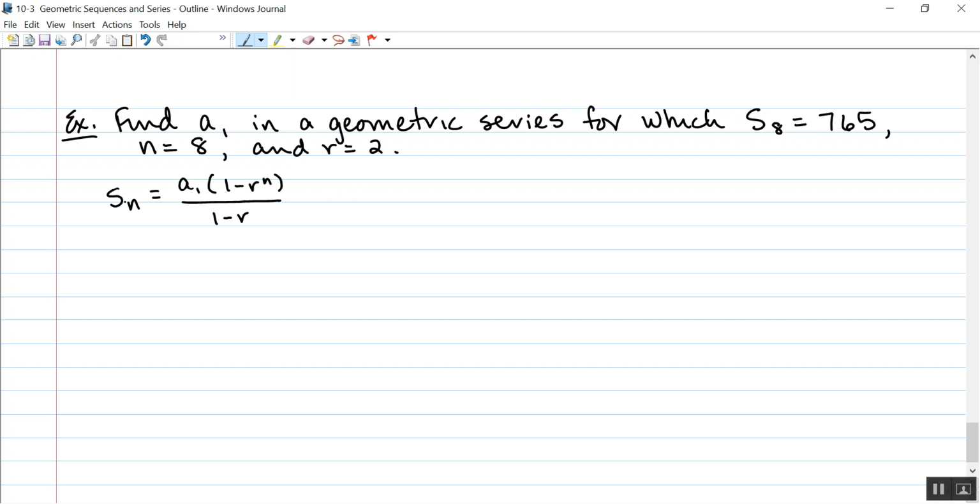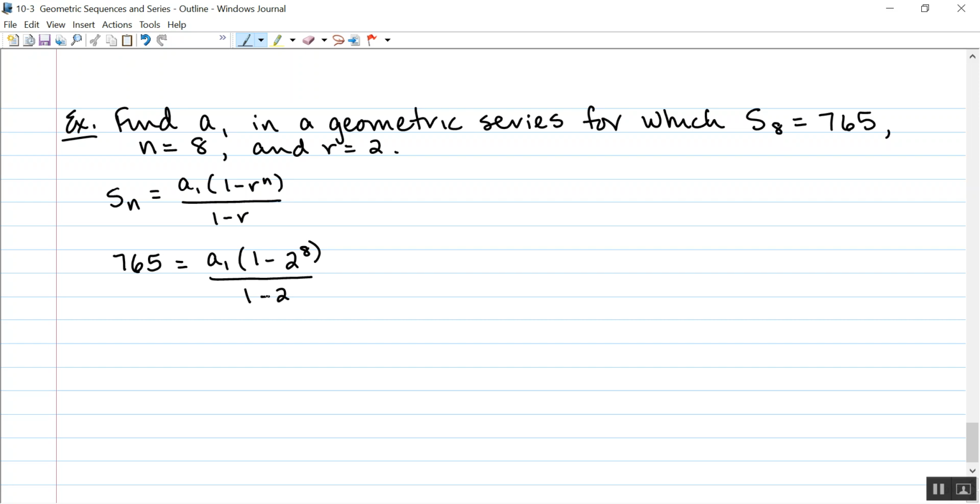Even if your teacher may not require that you memorize it, at least you'll be very familiar with it. And plugging in the values that we have, we know that for n equals 8, the sum is 765. A sub 1 is what we don't know, and then we have 1 minus r, which is 2 to the 8th power, over 1 minus 2. Plugging that into my calculator, I actually skipped a couple steps here.